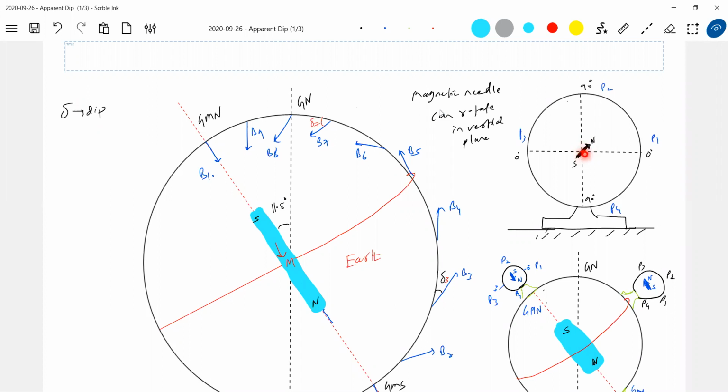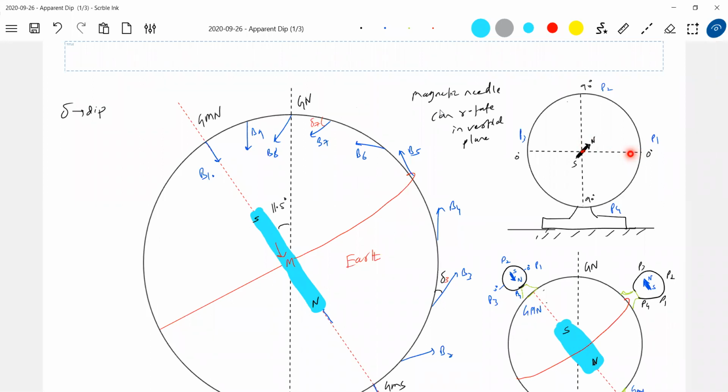First reason is the center of the needle is not at the center of the vertical scale. Like here, the dot and the origin should be at the same point, but it may not happen. Maybe the needle will be mounted here. Next, the 0 degree line will not be horizontal when I'm designing the dip circle.